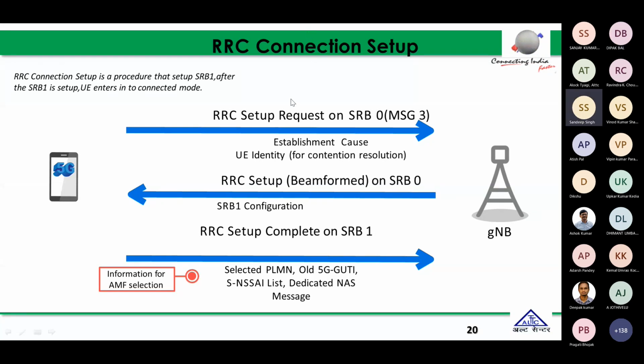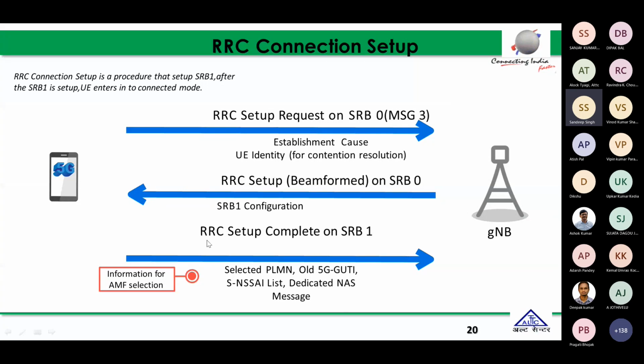Okay, sir. Now the RRC connection setup. It is a three-step process. First are message 2, message 3, and message 4. These messages are already in the RACH procedure. The message 3 and message 4, the RRC setup request, is already sent in the RACH procedure, and the RRC setup is also sent by the gNodeB in the RACH procedure.